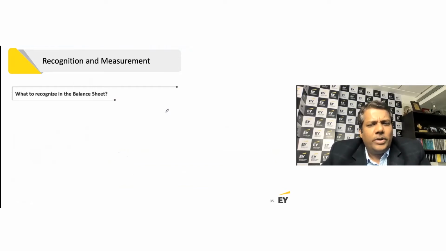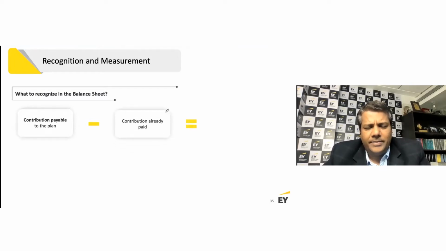So when you look at recognition and measurement, what to recognize in the balance sheet is the contribution payable to the plan minus what's already been paid, and that's your liability, or accrued expense or asset, as the case may be.